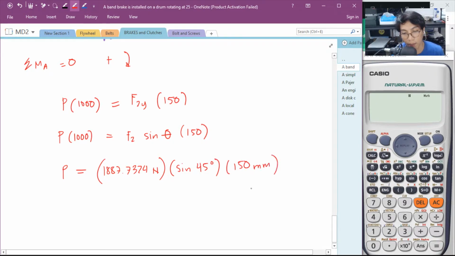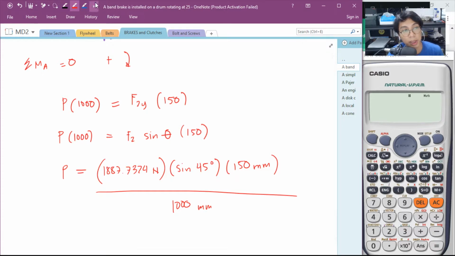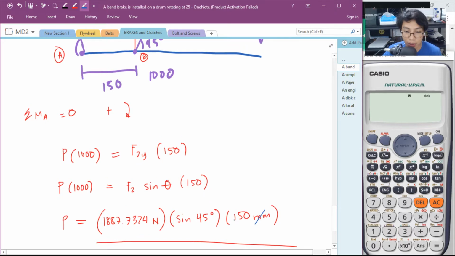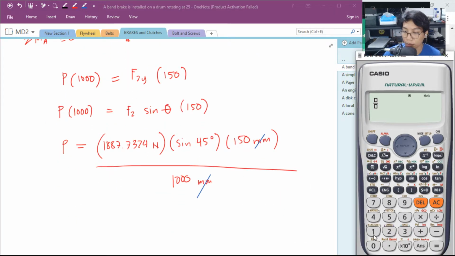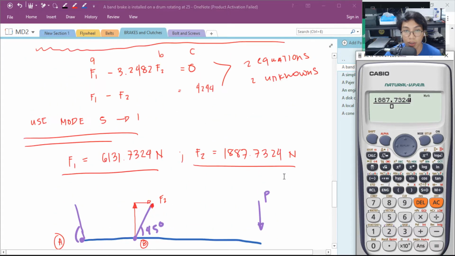Millimeter yan, ha? Divided by 1,000 millimeter. You cancel all the same units, ang lalabas na unit dyan is newtons. So, the force that should be applied in order to stop the drum from rotating is 1887.7324. Tama ba ako? 7324.